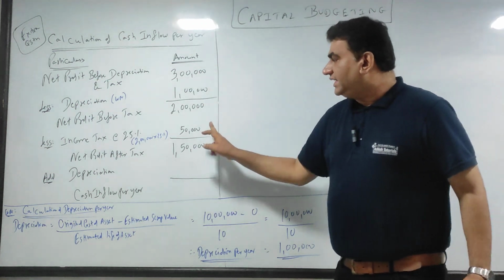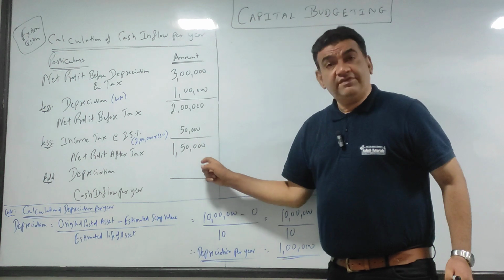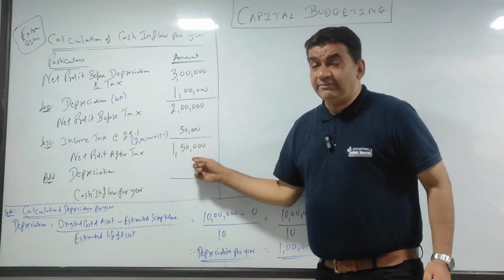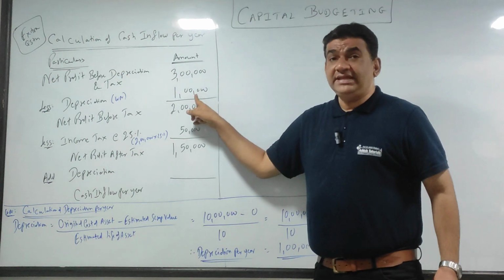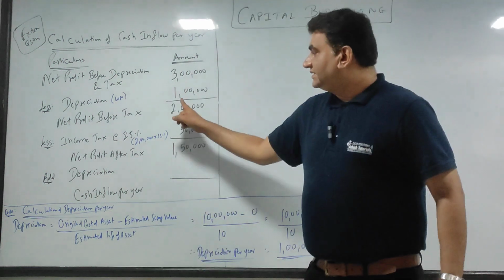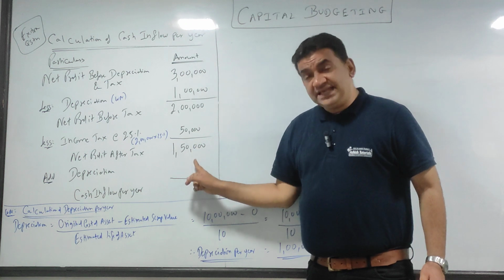So 2 lakh minus 50, net profit after tax 1 lakh 50,000. What I told you, this is my final net profit, but this is after deducting depreciation जिसमें मैंने cash pay नहीं किया.